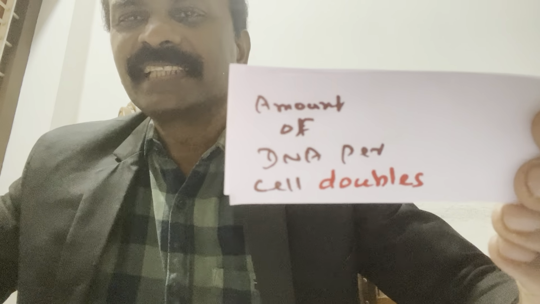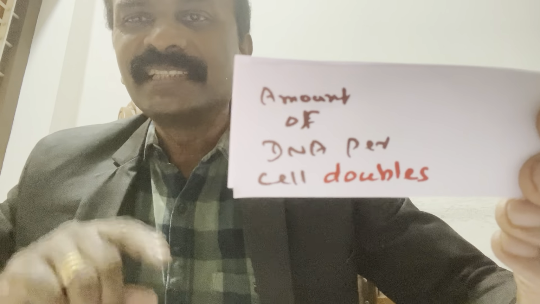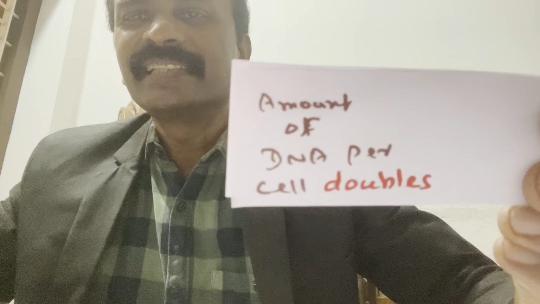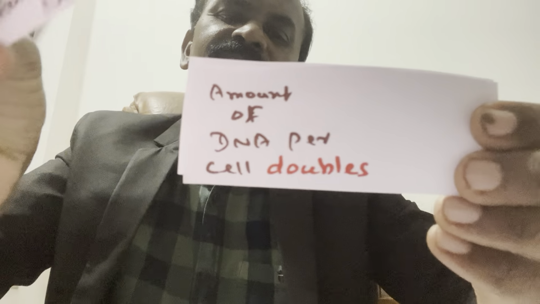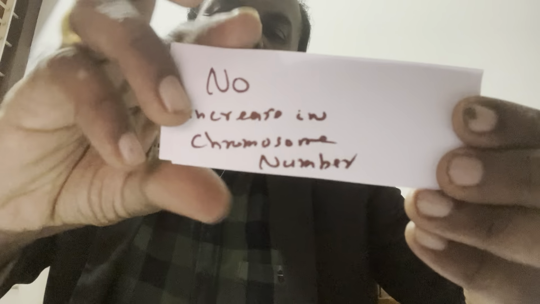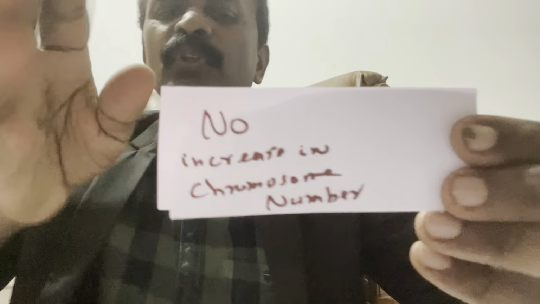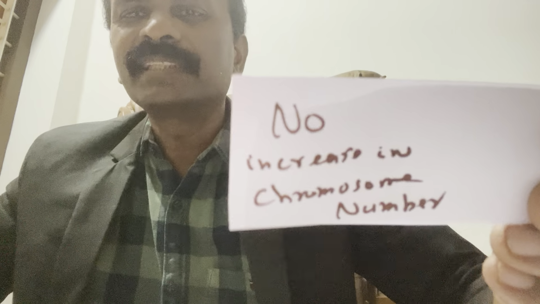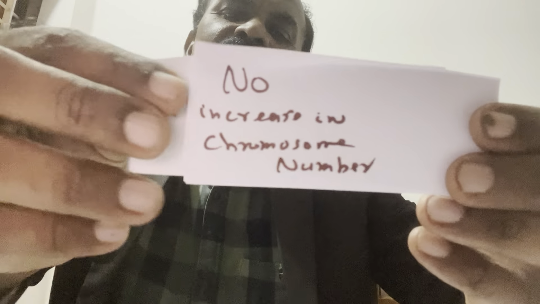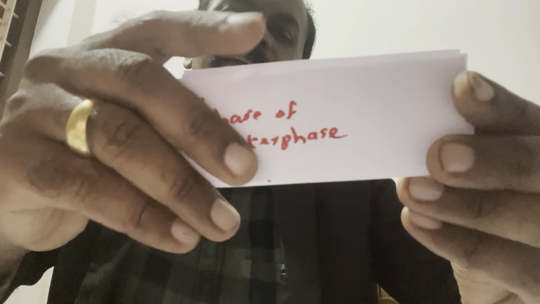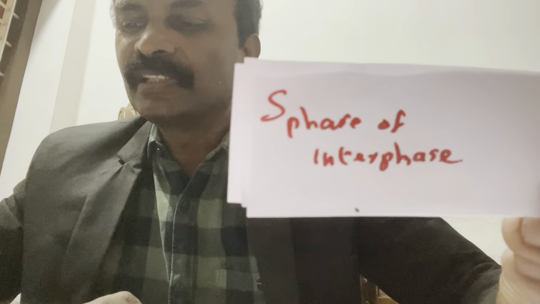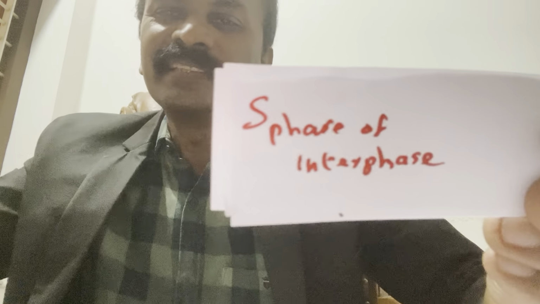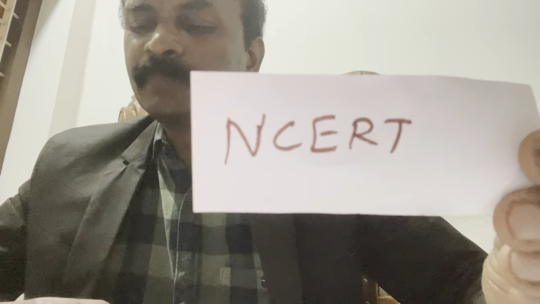DNA of the cell doubles in S phase of interphase. No increase in chromosome number. All these are questions for S phase of interphase and nobody will teach you like this. So this is a world class video, and all the MCQs are prepared from your NCERT textbook only.